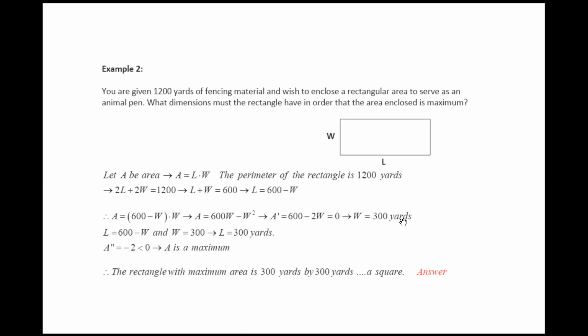W is 300 yards. If W is 300 yards, then using the relationship here, we can find what L is, and that turns out to be 300 yards as well. In other words, the region is going to be a square.